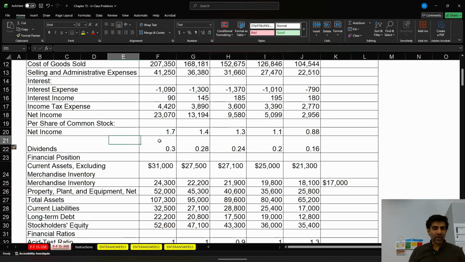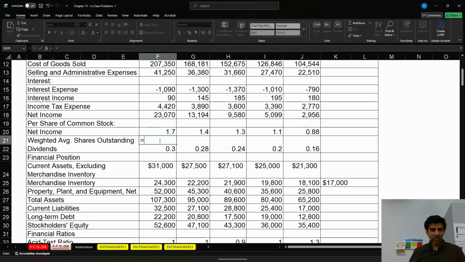So if you wanted to get the weighted average shares outstanding, you would just do your net income divided by the earnings per share. And this is going to give you the weighted average number of shares outstanding.